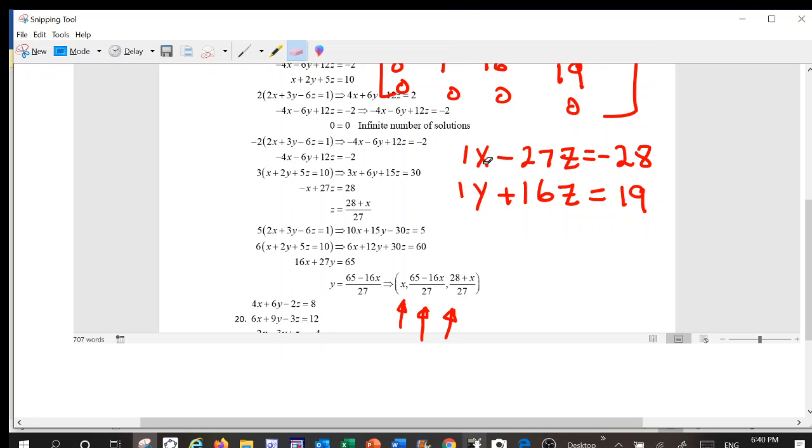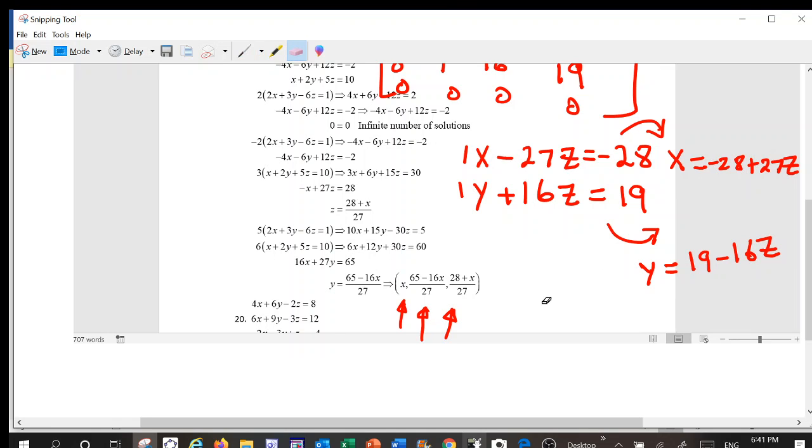If I solve for x, I just have to move this to the other side. So x is going to be -28 plus 27z, right? And from here, y is going to be 19 minus 16z.